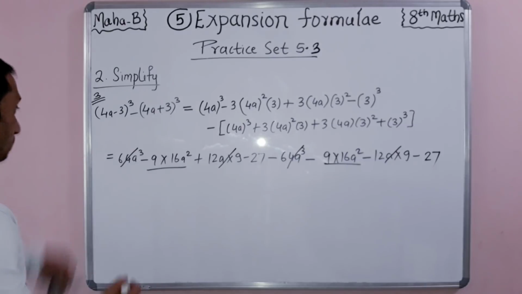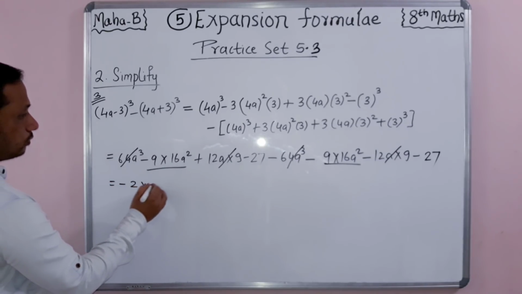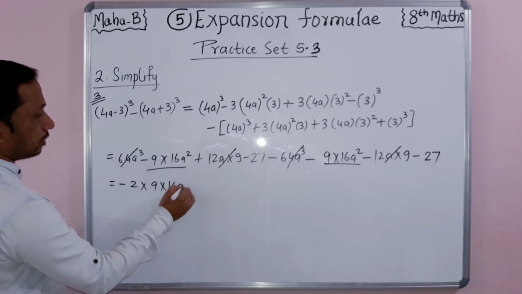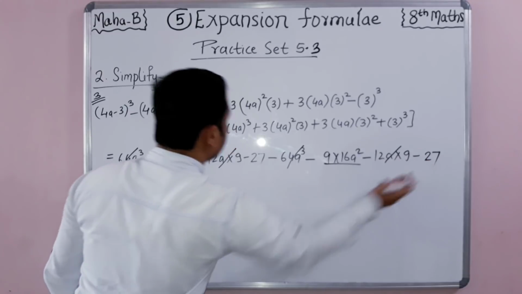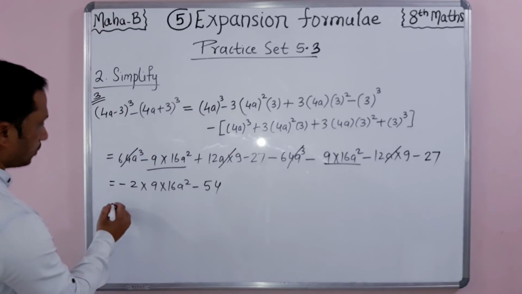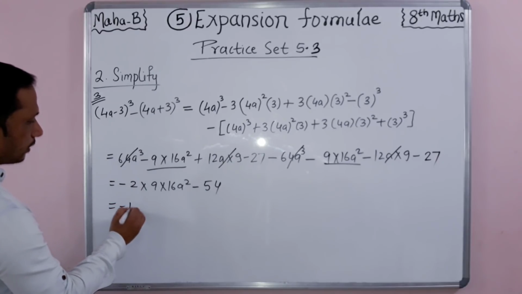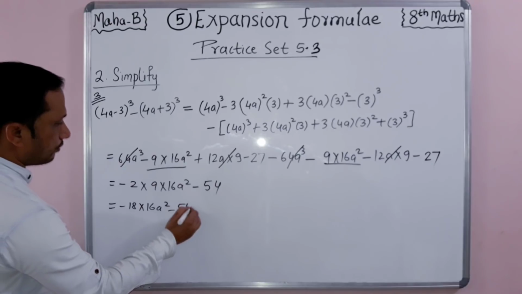So now first of all you can write minus 2 into 9 into 16, and this is a square, and then minus 27 and minus 27, it is minus 54. Now multiply this, this will be minus 18 into 16a square minus 54.